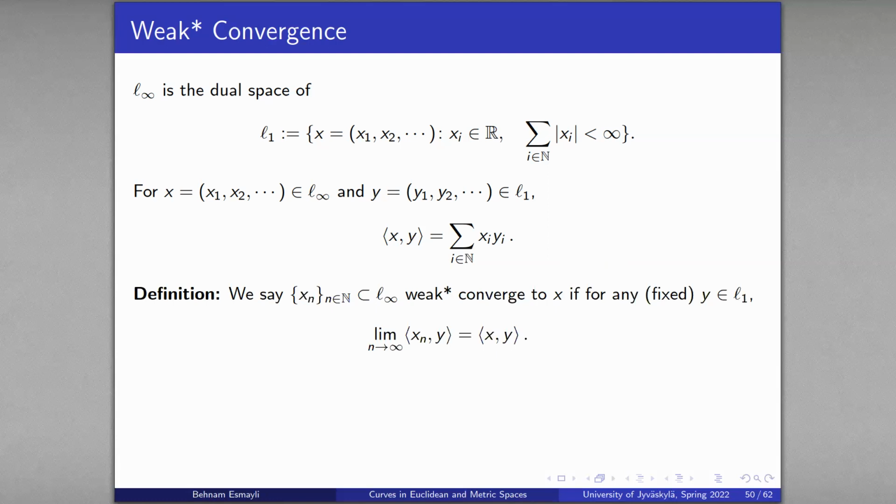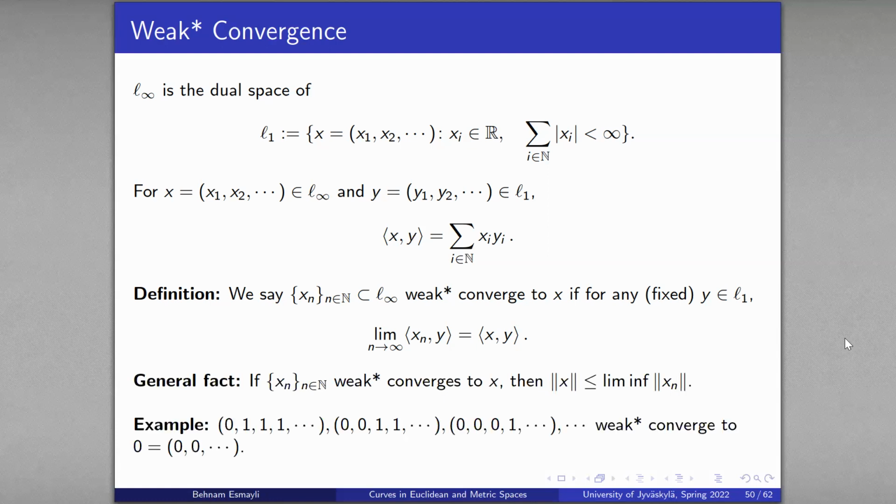I don't want to discuss what weak convergence is, but weak star convergence is maybe the weakest of all the convergences. Here is an example illustrating this.